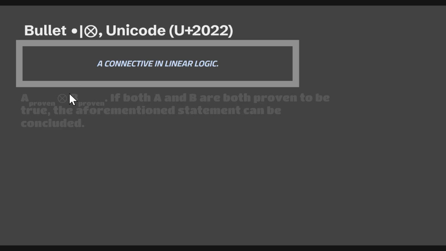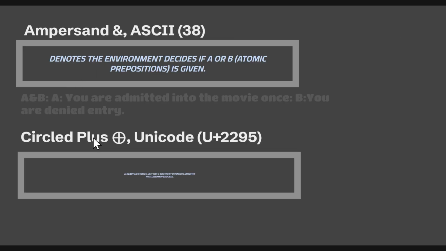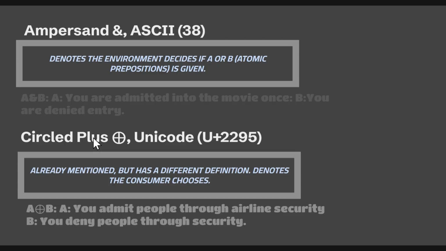If A is proven and B is also proven, the tensor between them can be expressed. Ampersand denotes that the environment, and not the consumer, decides which atomic proposition is given to the consumer. Circle plus has already been mentioned, but this is a different definition. It denotes that the consumer chooses.